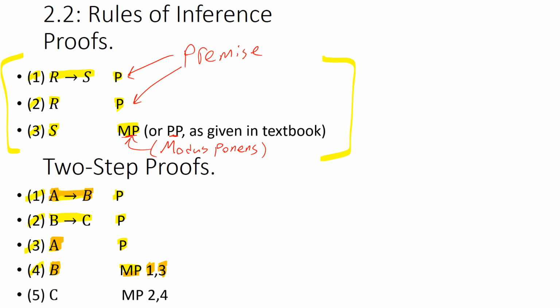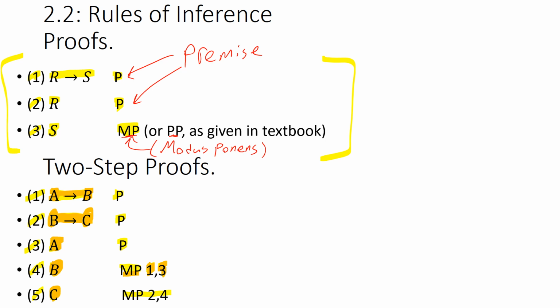For sentence 5, we can get C by modus ponens with sentences 2 and 4. Because sentence 2, we have the conditional if B, then C. Sentence 4, we know B is in fact the case, so we could affirm the antecedent for sentence 2 and then affirm the consequent. And this allows us to derive that consequent.